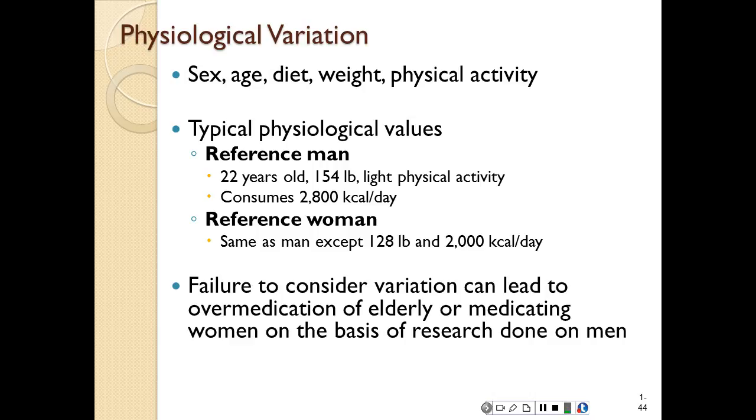Now, failure to consider variation can lead to over-medication of elderly or medicating women on the basis of research done on men. So we do have various values, like when you go to the doctor, that have certain values. Especially you take your child to the doctor.